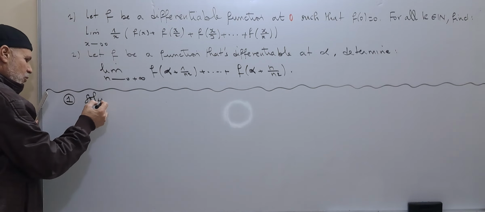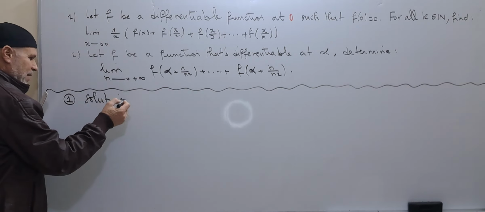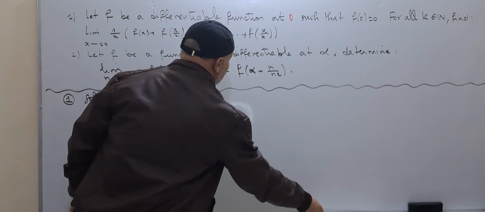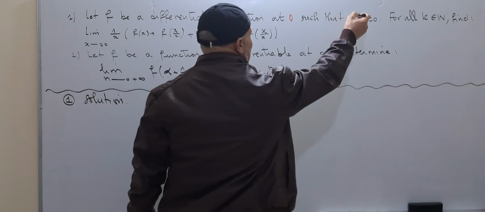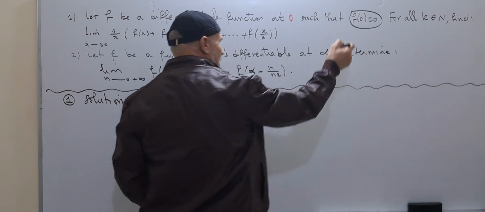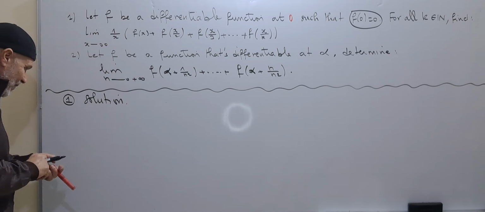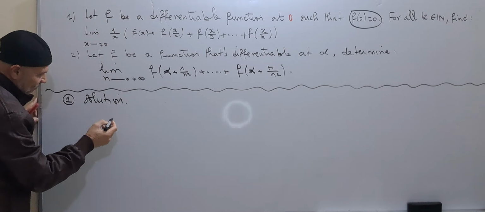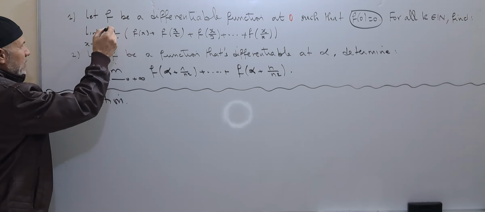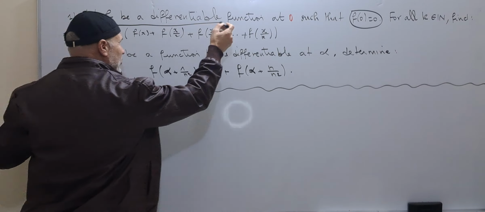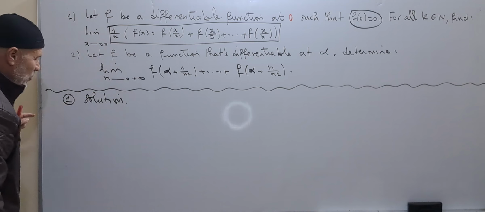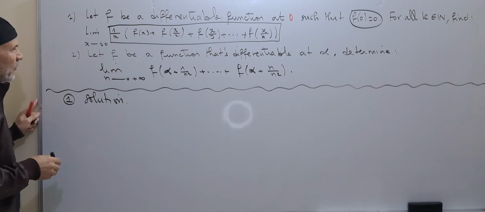So this is a proposed solution. This is very simple and very nice. Since we have f of 0 equal to 0, we will use this hypothesis. We take this expression and write it in an adequate form.